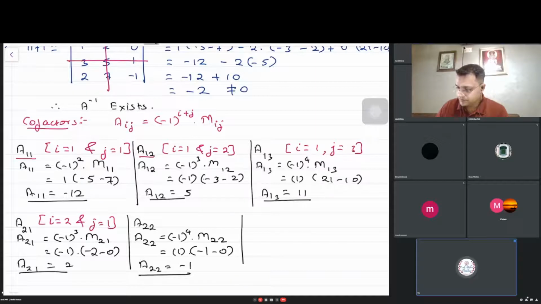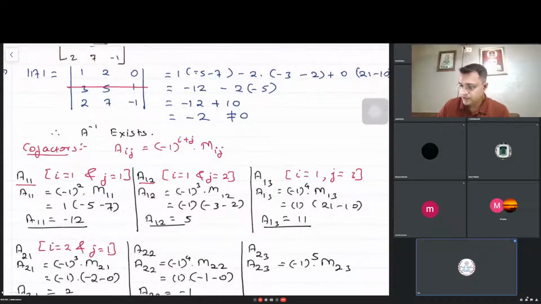For the last, A23, minus 1 to the power 2 plus 3, that is 5, multiplied by M23. So this time, friends, you have to cover the second row but the third column.